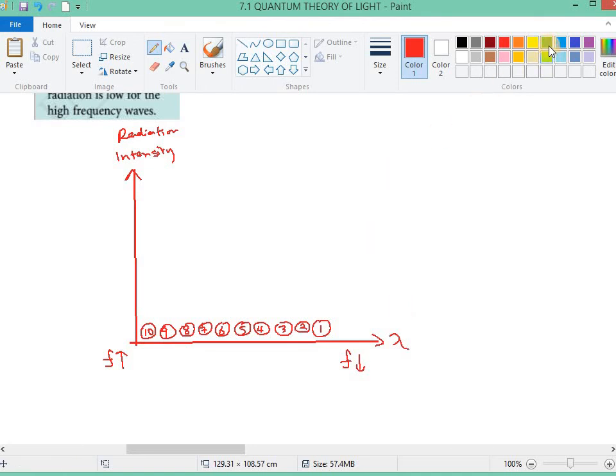So this is the amount of energy needed to oscillate.